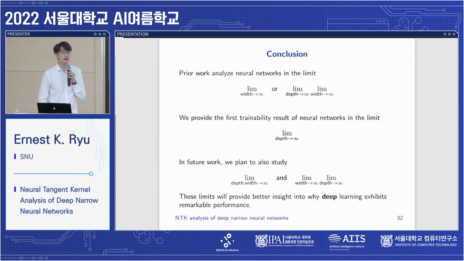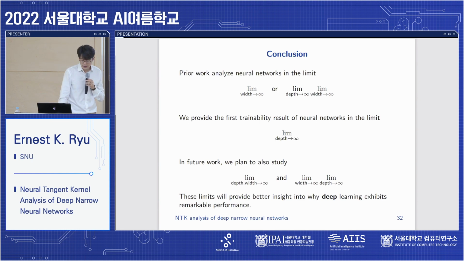In our undergraduate calculus courses, you've all encountered the distinction between the orders of two limits. The limit in which the width becomes infinite and then the depth becomes infinite is not the same as the limit in which the depth becomes infinite and then the width becomes infinite next. So the order of the limits does matter. The qualitative difference is deeper versus wider.